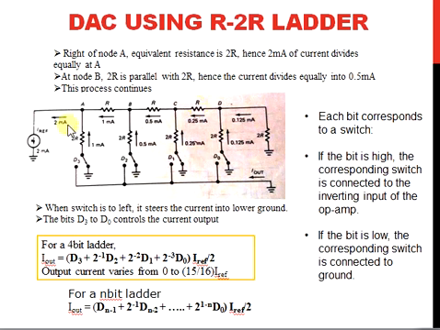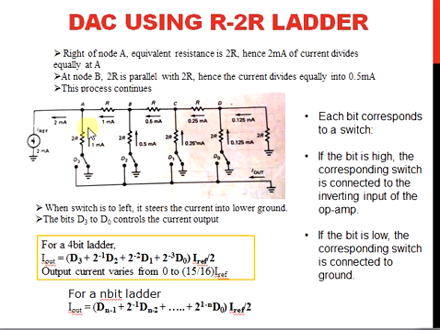So you can see that the current value is divided by 2 through each unit, and this will be the corresponding digit. This is the most significant bit D3, then this is the second most significant bit D2, then the next bit, and this is the least significant bit where the current value becomes 0.125 milliampere, whereas for the most significant bit it is 1 milliampere.